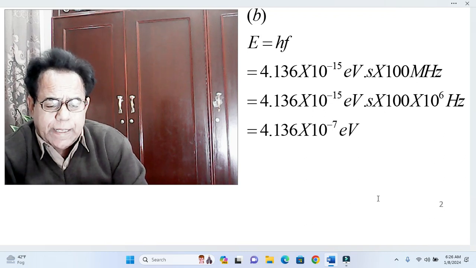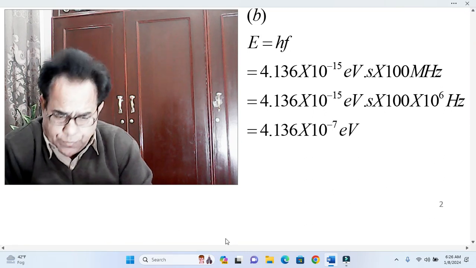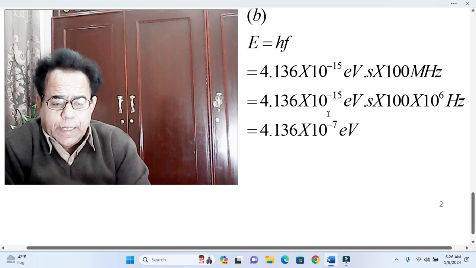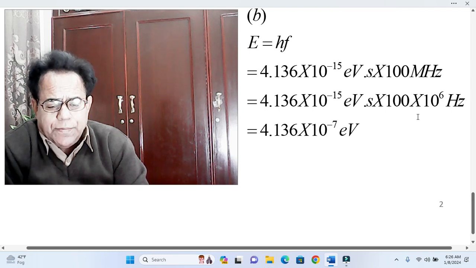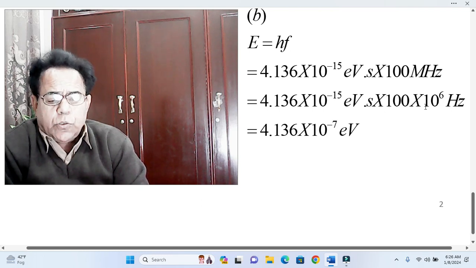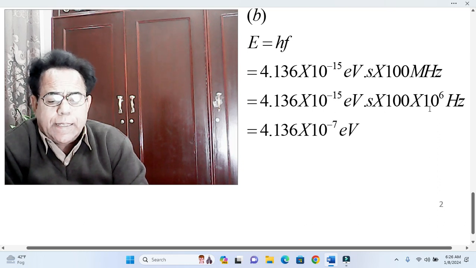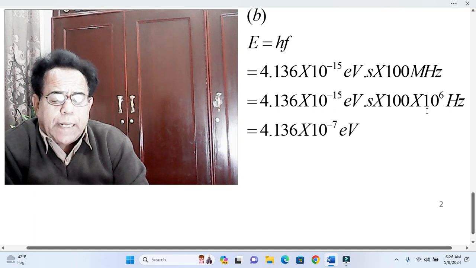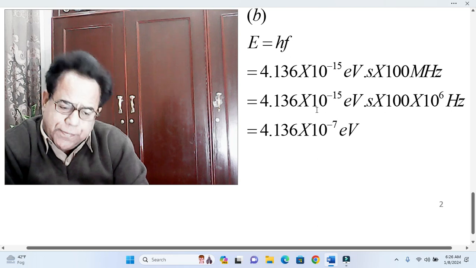Why 10 raised to the power minus 7? Because, dear students, here this 10 raised to the power minus 15 is being multiplied with 100 as well as with 10 raised to the power 6. So 100 and 10 raised to the power 6 will have a cumulative effect of 10 raised to the power plus 8, while this is 10 raised to the power minus 15.